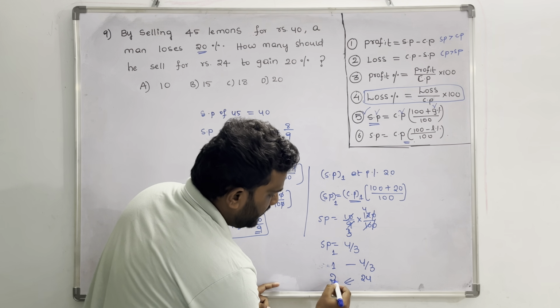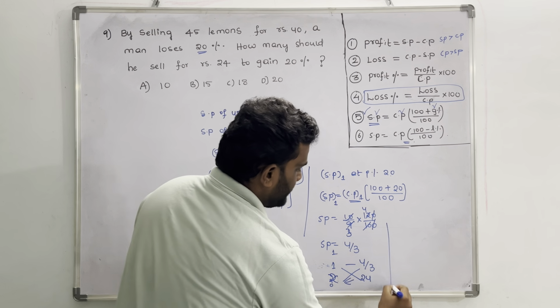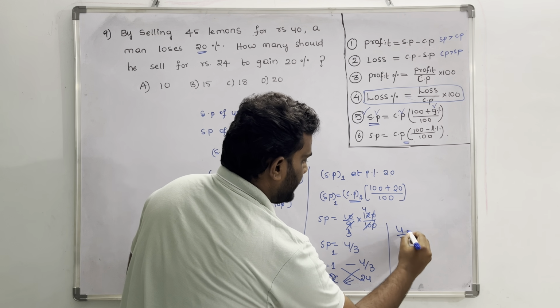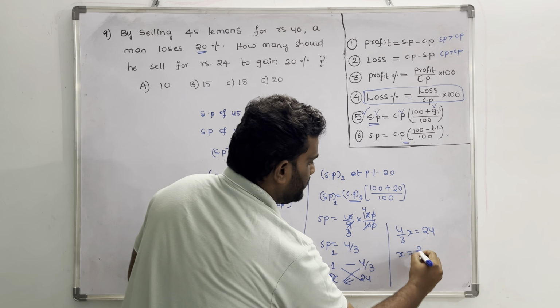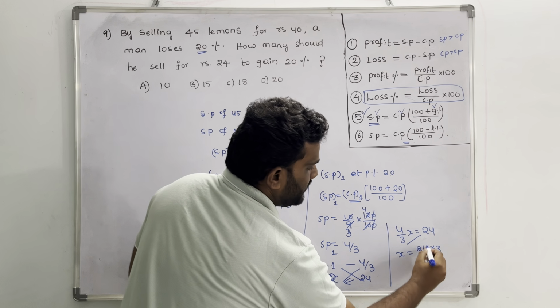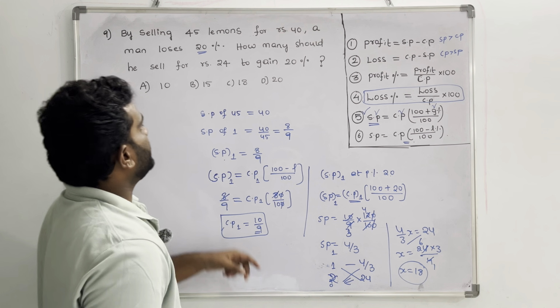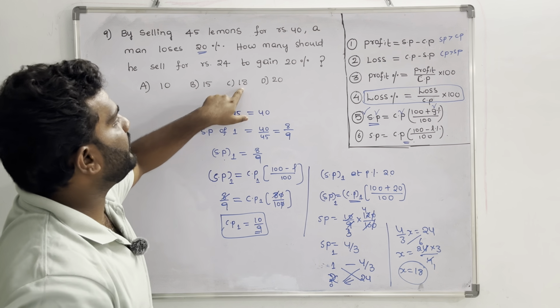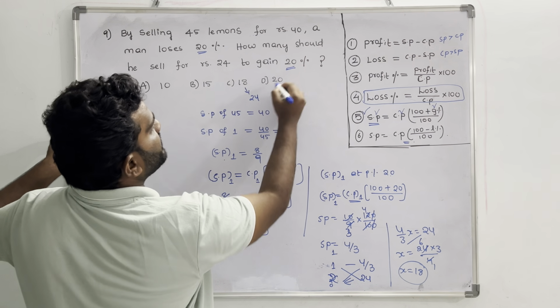Simply take this as x and cross multiply. So 4 by 3 x is equal to 24 into 1, and x is equal to 24 into 3 by 4. 4 6s are 24, and x is equal to 18 lemons. So he has to sell 18 lemons for 24 rupees to get 20% profit.